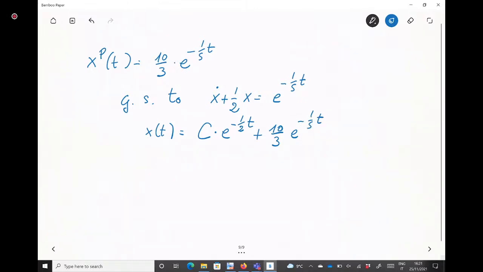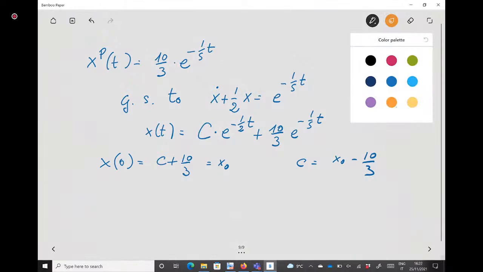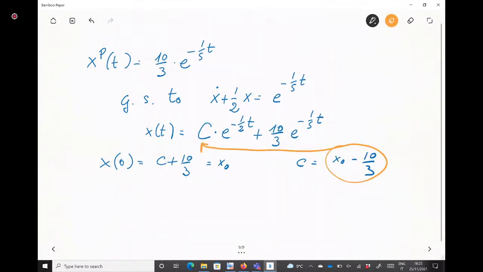Okay? If we impose that x0 is given, at time 0 we have c plus 10 over 3. This must be equal to x0. So c is equal to x0 minus 10 over 3. Okay? So we replace c with this quantity, and we have our solution corresponding to a given initial condition.